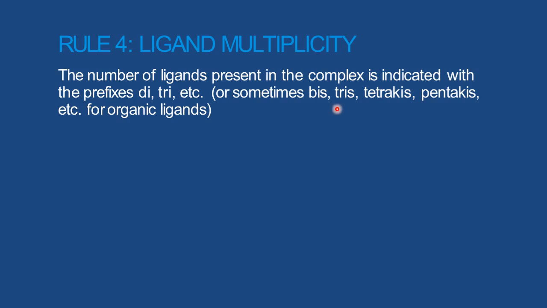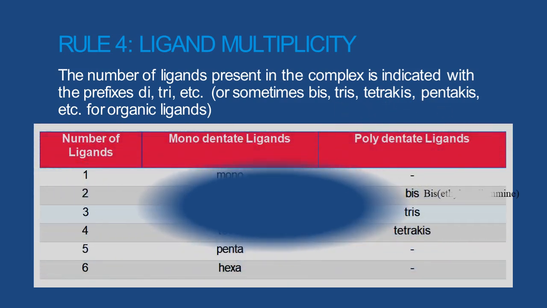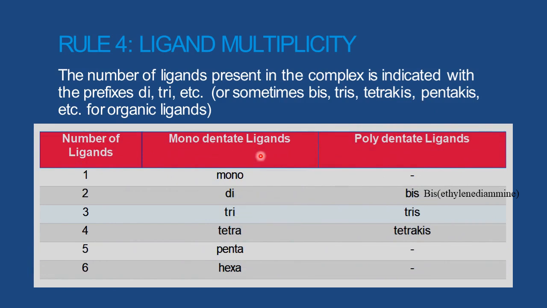So students, if we have monodentate ligands and only one single ligand is present, we do not need to write any prefix. But if we have two of the same type of ligand, we use the prefix di, tri for 3 ligands, tetra for 4, penta for 5, and hexa for 6 ligands.